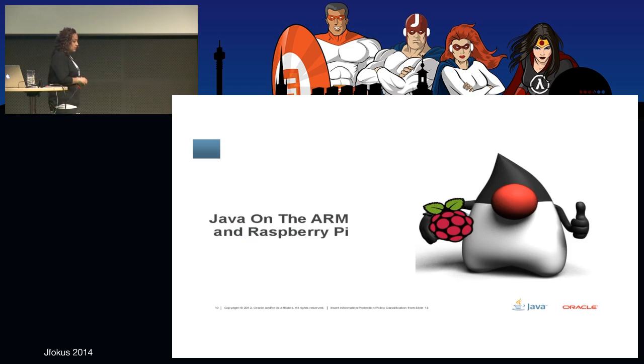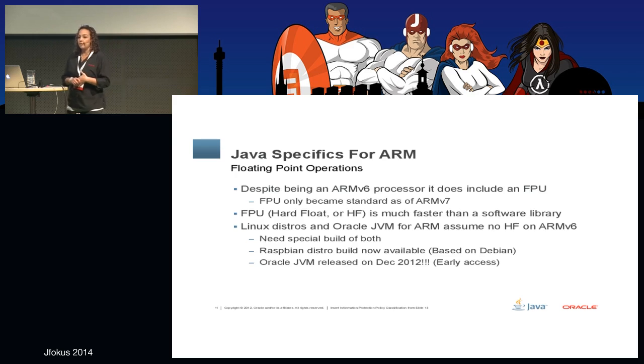Just a note on the Java specification for the Raspberry Pi: on an ARM version 6, we do not expect to have hard floating point. What it means is normally the hardware itself does not support floating point, so the device ends up simulating floating point through software.